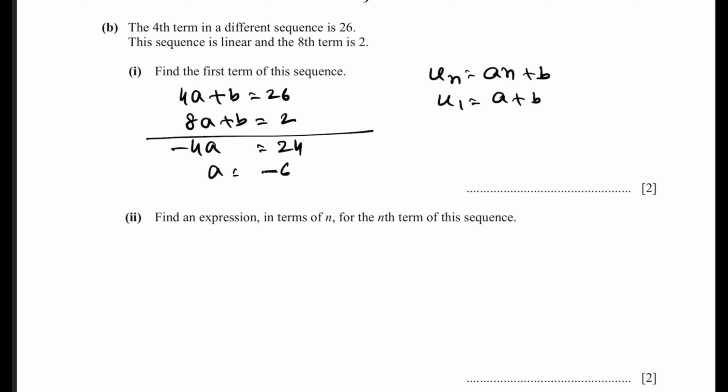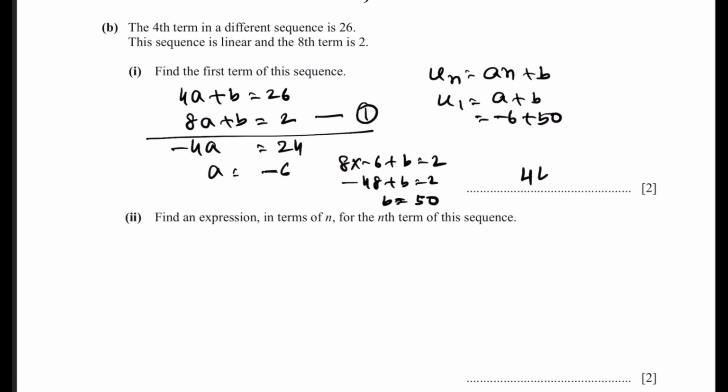If we use this equation, 8 times minus 6 plus b equals 2, so b equals 50. So a plus b is minus 6 plus 50. So the answer, the first term, is 44.